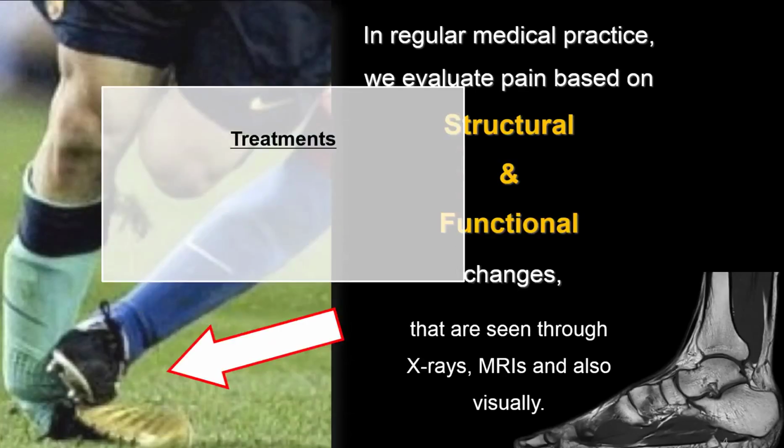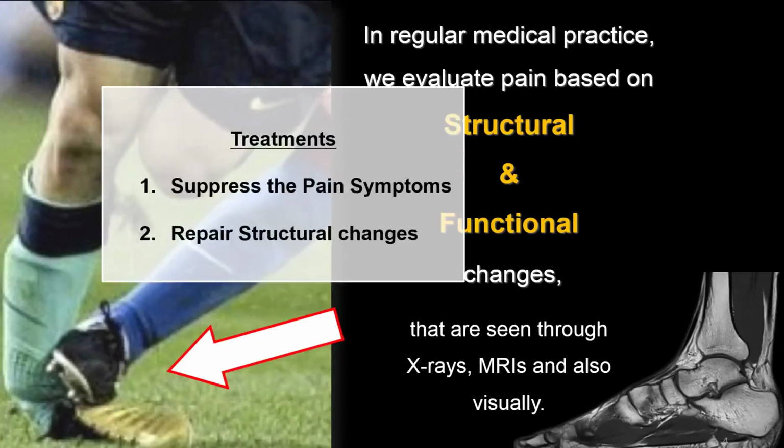Generally the treatments are, number one, we suppress the pain symptoms, and number two, we do the repair work, because the repair work does not stop the pain immediately. So we use painkillers, or physiotherapy, or some machine like a TENS system to block the pain temporarily, and then we do the repair.